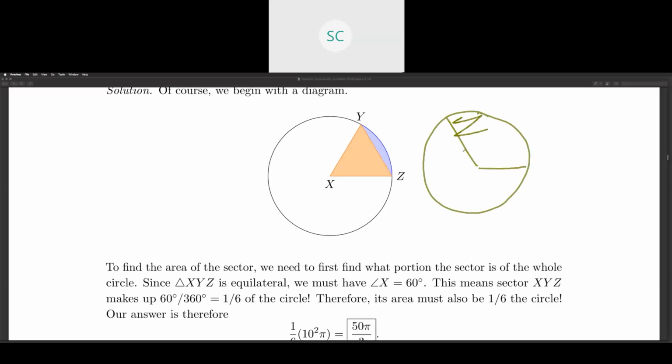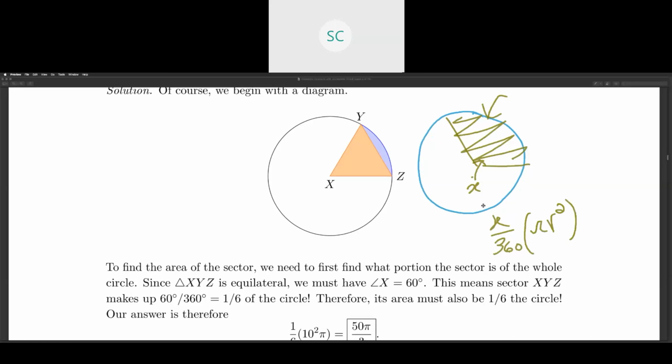Well, this sector is x over 360 of the whole circle. Remember, this was 60 and this was 1/6. We just take x and put it over 360 to find what portion of the whole circle this section is. After this, we just multiply it by the area of the whole circle, and therefore we can find the area of that sector. So this is the general formula for the area of a sector.